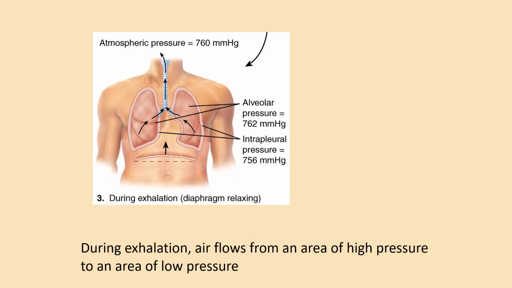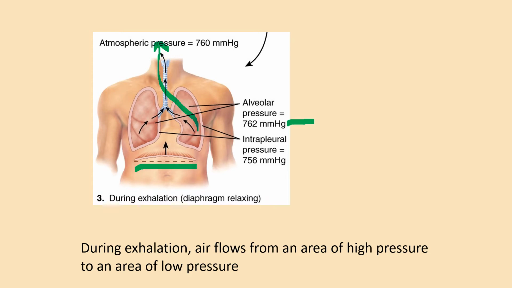So here's a similar diagram with those values shown. So alveolar pressure during exhalation is 762 millimeters of mercury. That's enough of a pressure gradient to get the air to flow from an area of high pressure to an area of low pressure. And what causes that pressure change? Mainly the movement of the diaphragm.